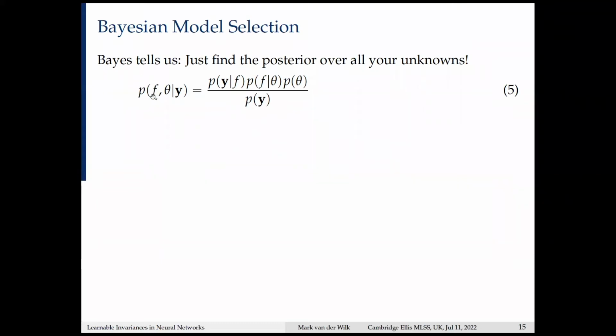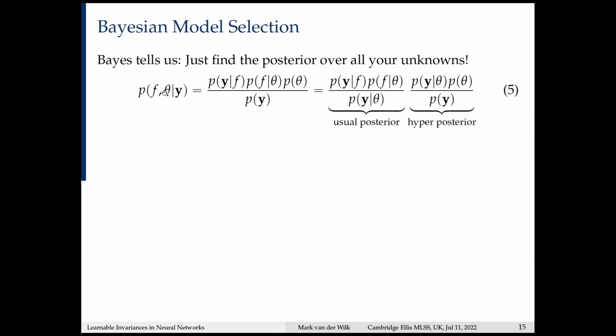We can do that for both our function and our hyperparameters. If we do this, we get our usual posterior, which is roughly similar to what you get if you minimize the training loss for fixed hyperparameters. But it also tells us how to get the posterior of the hyperparameters.